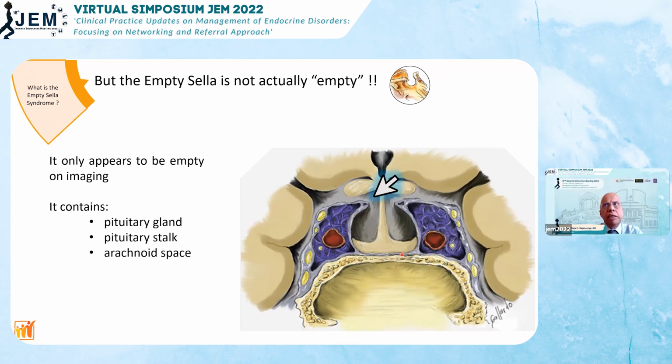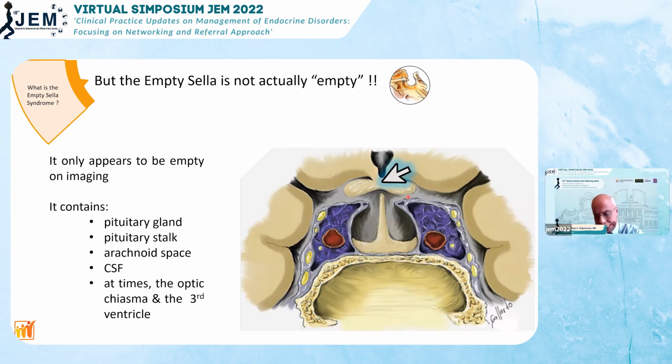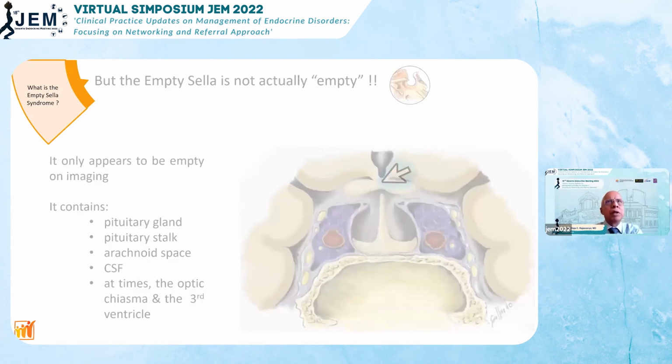It contains arachnoid space. It contains cerebrospinal fluid. And at times, the optic chiasma and the third ventricle may herniate downwards. We'll look at this later. So it is not quite as empty as the name suggests.